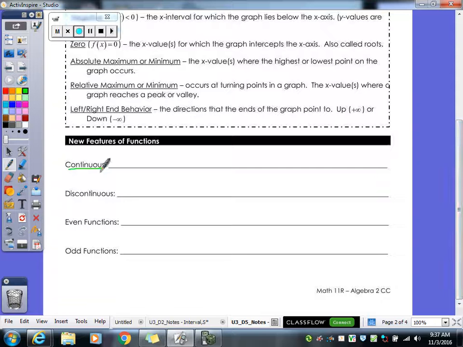If we have a continuous graph, that means you can graph it without lifting your pencil. Another way to think of it is that there are no breaks in the graph.